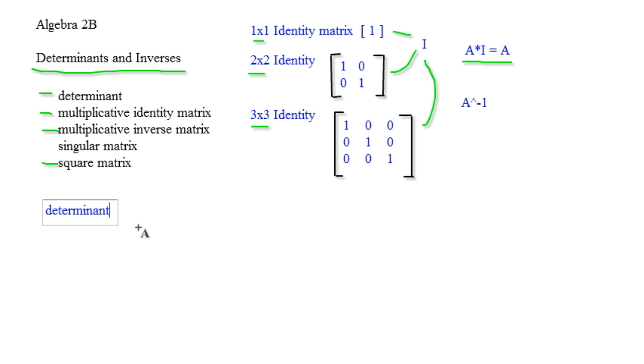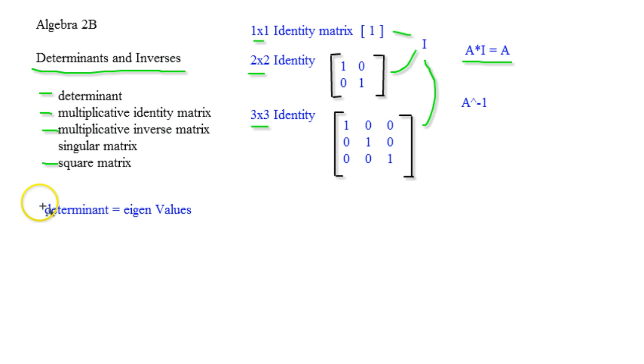Eigenvalues can tell you a lot about a matrix just by calculating them. So basically, determinants equal eigenvalues.